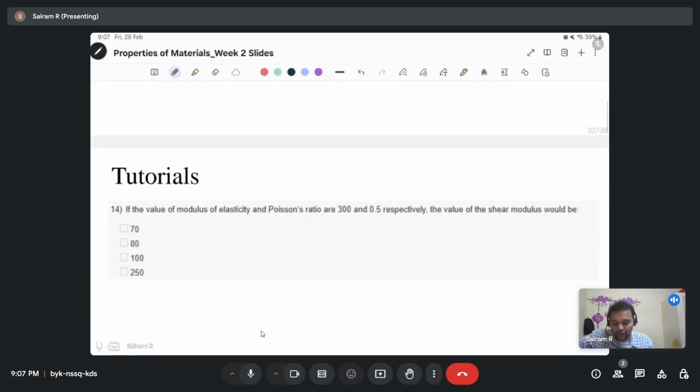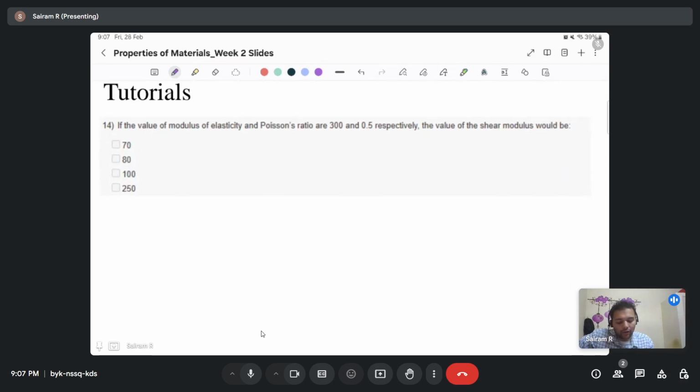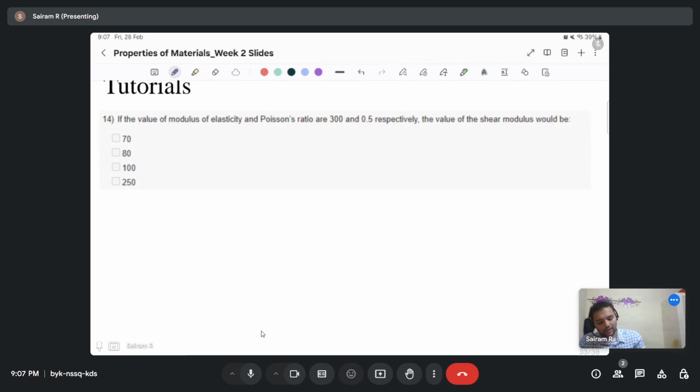Okay, if the value of modulus of elasticity and Poisson's ratio are 300 and 0.5 respectively, the value of shear modulus would be, okay, shear modulus G equals E by 2 into 1 plus nu. E is 300, nu is 0.5.